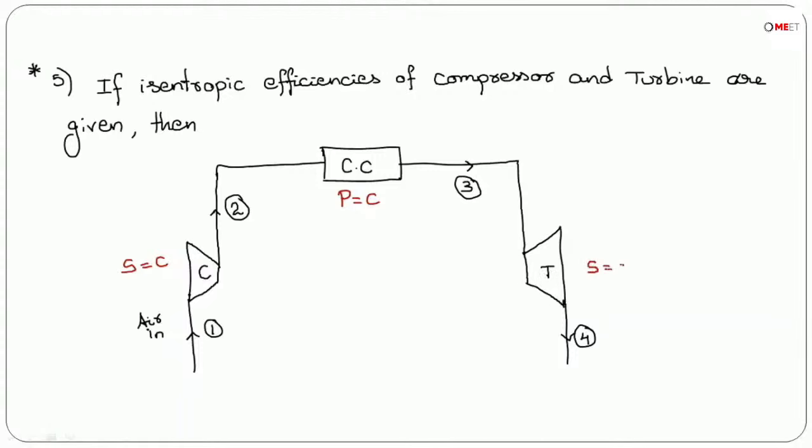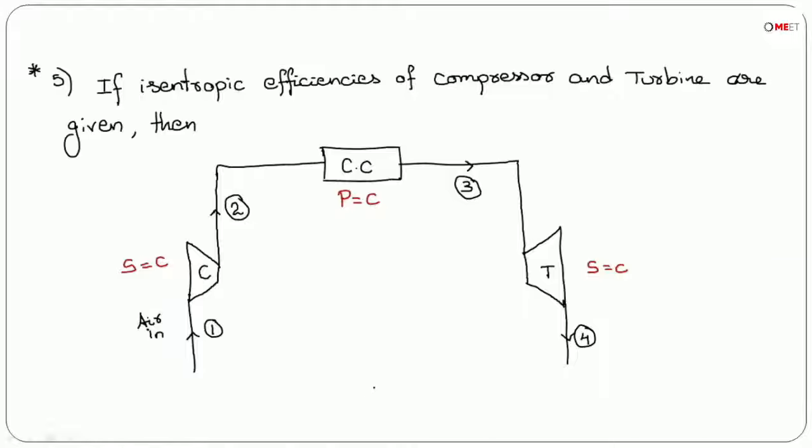So entropy remains constant during expansion. Then if we consider this power plant as a closed cycle power plant, then we need to close this cycle by using a heat exchanger.